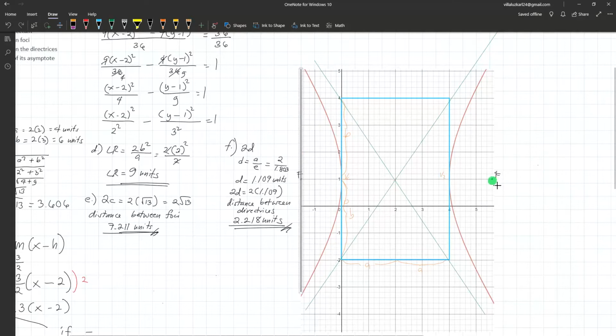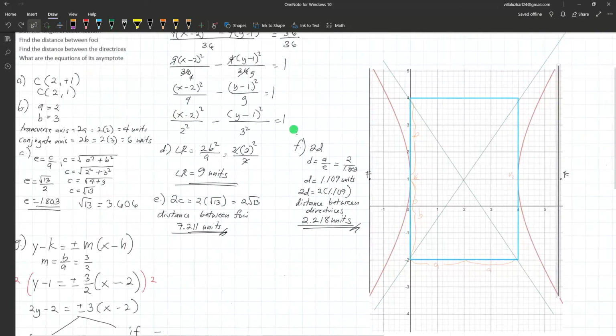That's your latus rectum intersecting the foci. So just extend that curve. The length of the latus rectum should be equal to the computed value of 9 units.